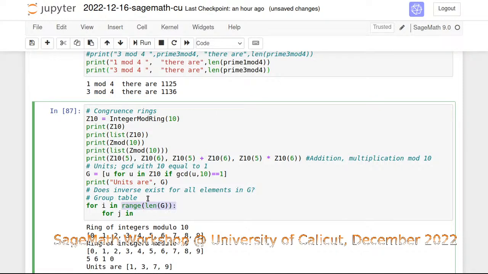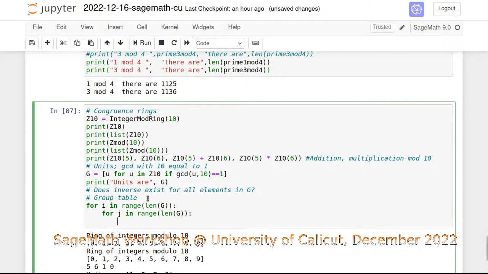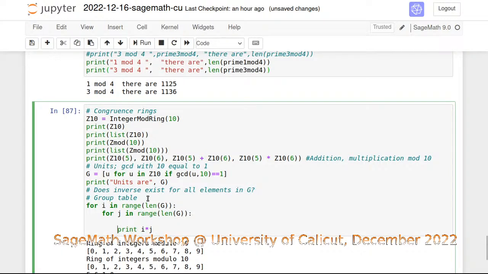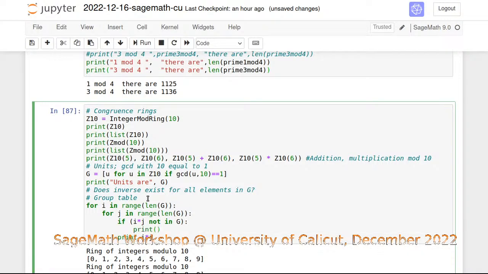Let us try to create the group table first of all, if possible. For j in range length of G, print i star j. If i star j not in G, I don't know whether this will work, probably this should work, we will print multiplication not closed.